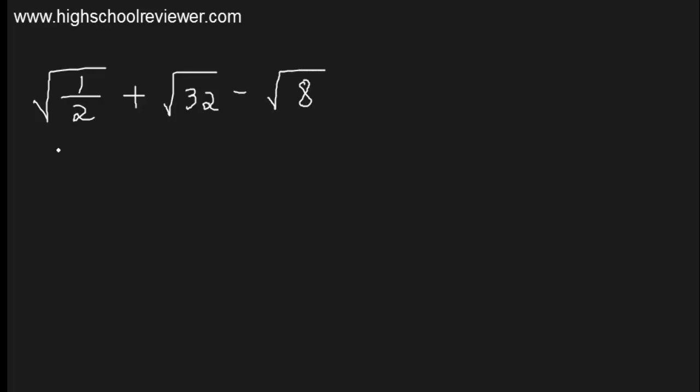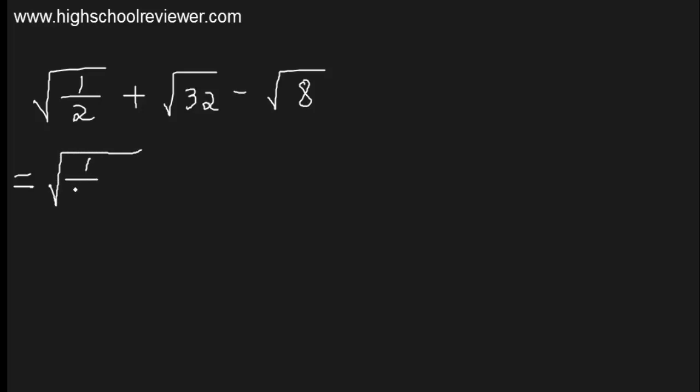Next problem, we will have the square root of 1 over 2 plus the square root of 32 minus the square root of 8. Okay, so first we are going to simplify the radicand with the fractional part. Okay, so we will first simplify square root of 1/2.